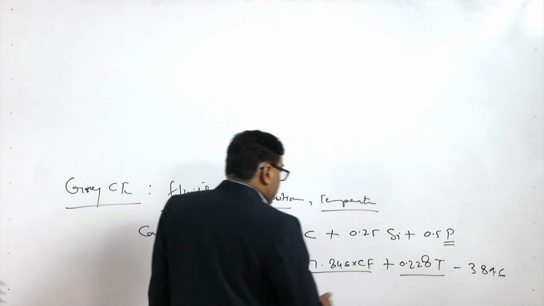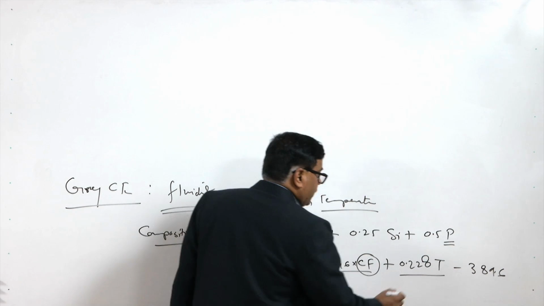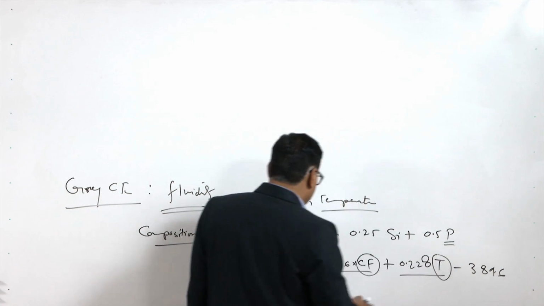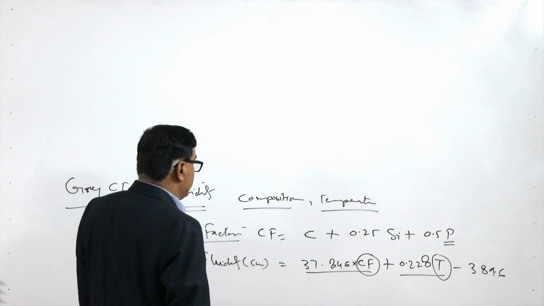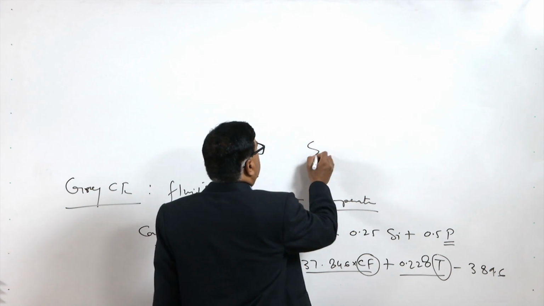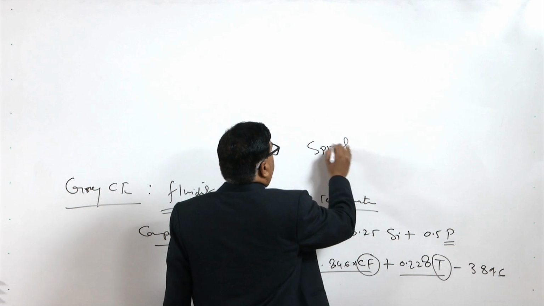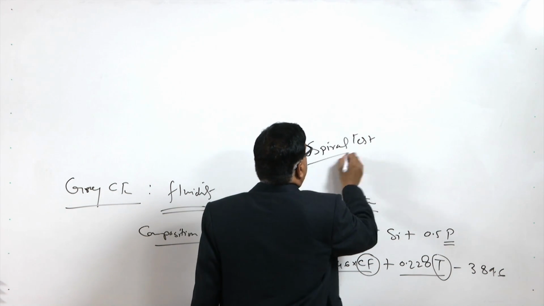So, we know the composition factor and we know the pouring temperature, and by putting in the values, the fluidity in terms of centimeter can be obtained. For this, one very commonly used test, the spiral test, is used to measure the fluidity.